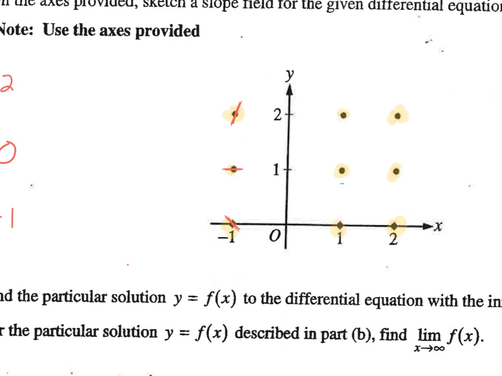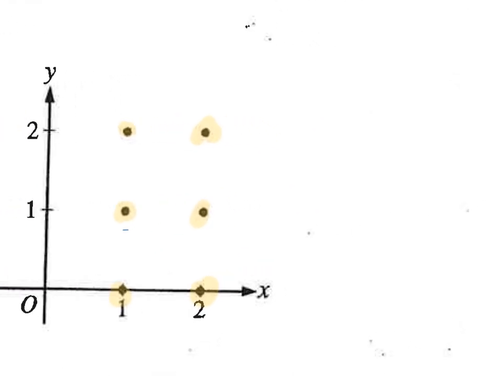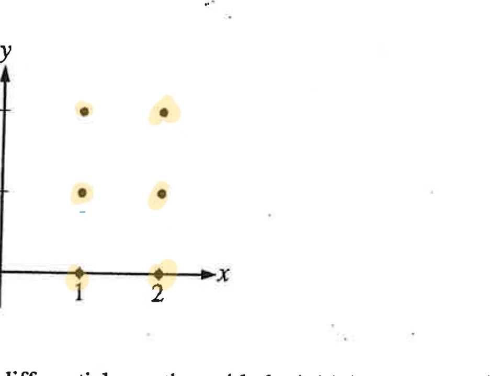So those are the first 3 points of what's called the slope field. And you do that for all 9 points in this particular slope field. Okay, let's work on the next couple.